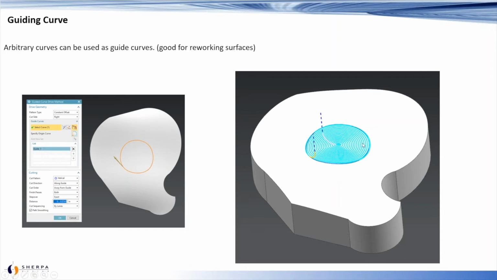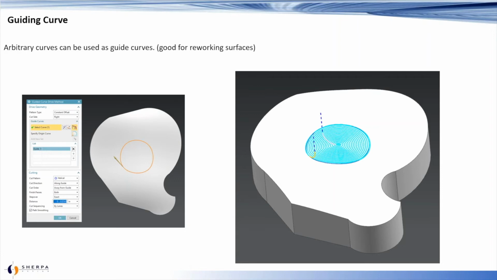So you have a lot of power with these guide curves. I could go over this for an entire day, so this is very brief. If you're interested, contact me after the event, and I can go into this a little more.